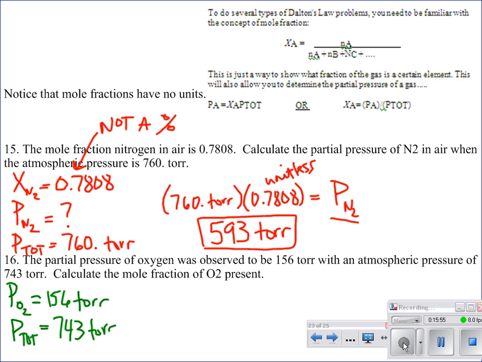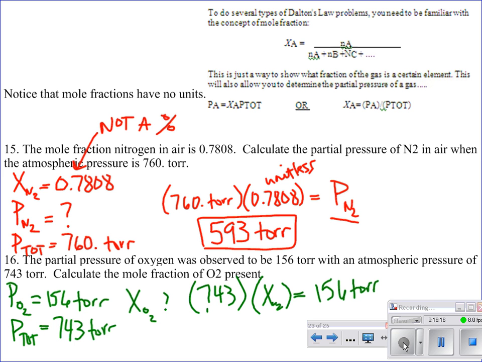The question is, hey, what's the mole fraction of the oxygen? So how do we set it up? Well, we know total pressure times the what? Mole fraction of our oxygen will be giving us the partial pressure. And the only thing you have to be aware of is make sure both of the pressures given in the problem are in the same unit.